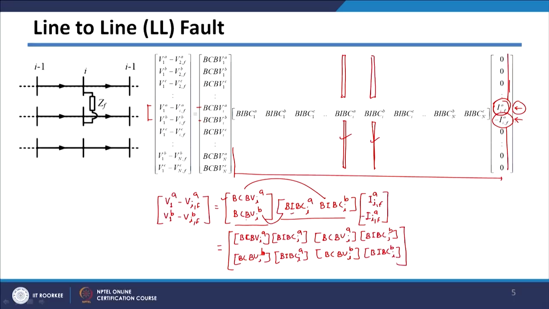So you have got these 4 parameters of this matrix, and these two currents are as it is.